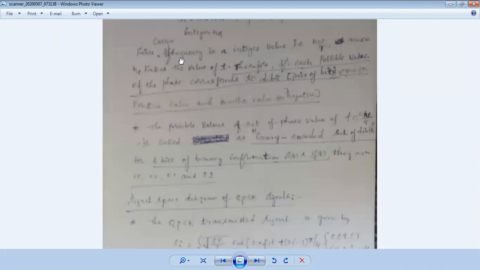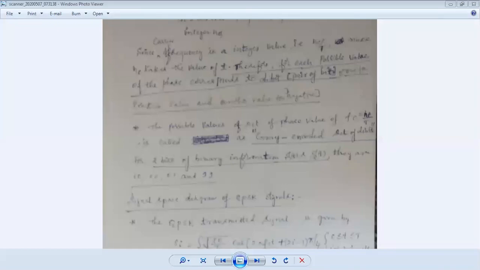That is why we call them dibits, one for a positive value, another for a negative value. So the possible set of phase values is Nc by 2. Look back here, Nc by 2 is called a Gray coded set of dibits. For 2 bits of binary information, S1(t) is this much.